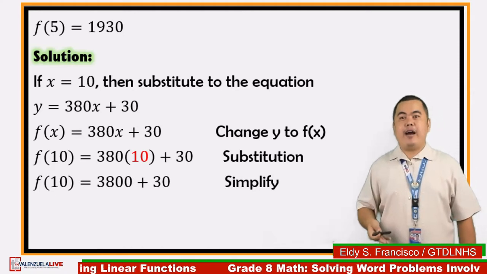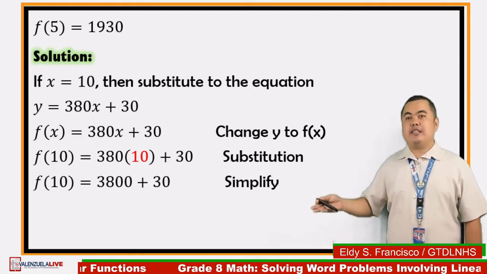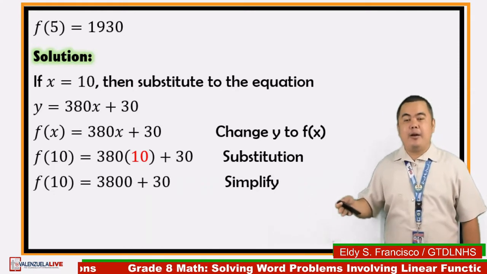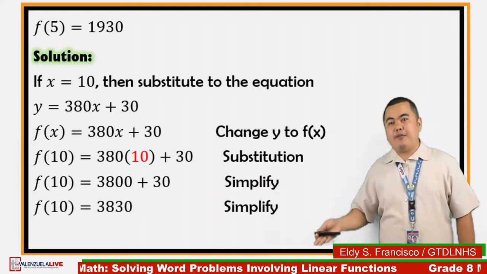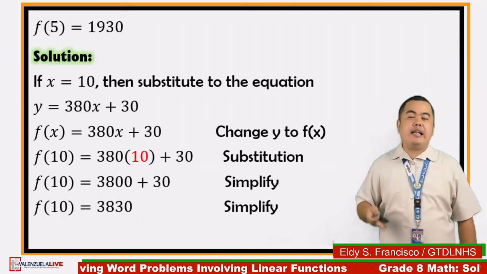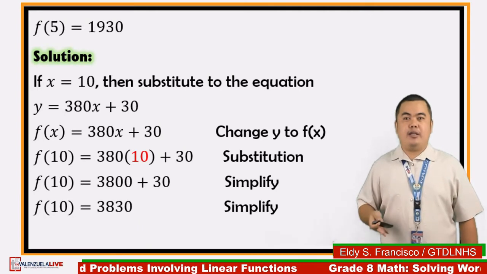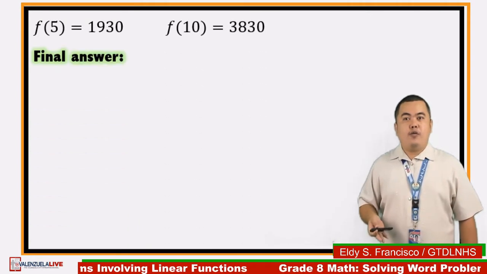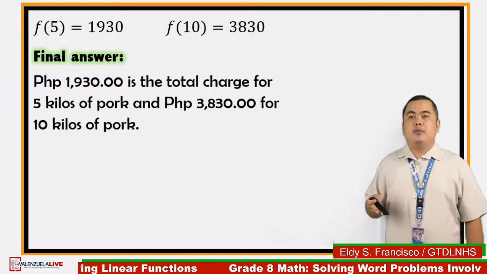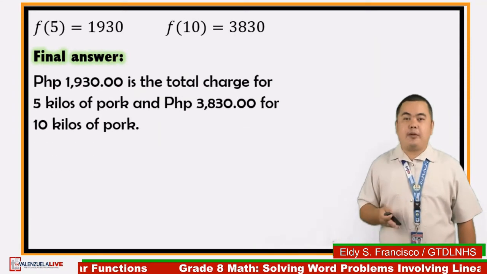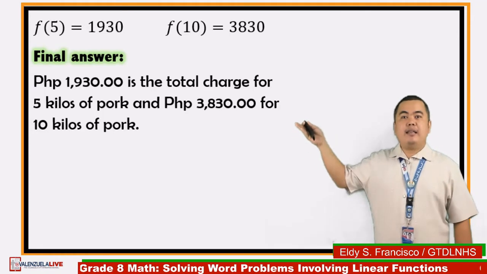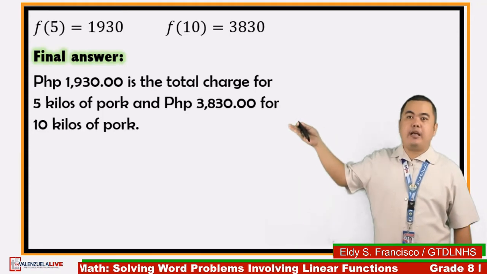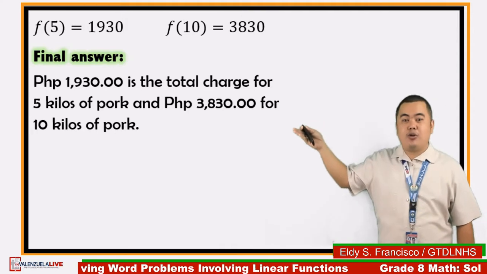Then, by simplifying, f of 10 equals 3,800 plus 30. And we will have now f of 10 equals 3,830. So, for the final answer, 1,930 pesos is the total charge for the 5 kilos of pork and 3,830 pesos for 10 kilos of pork.